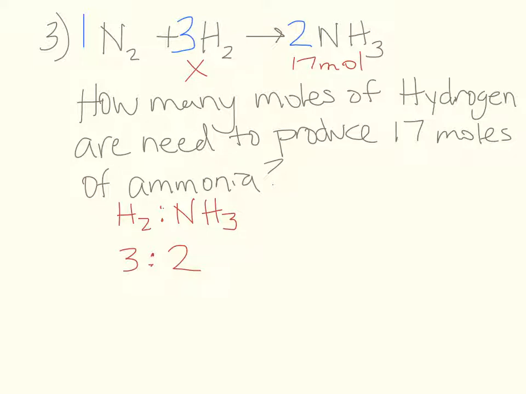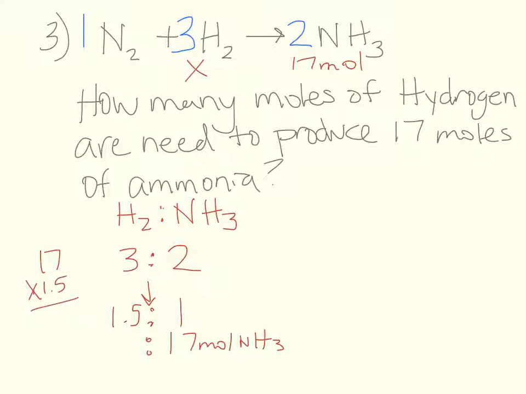So what you can do, okay, is realize that this is like a 1 to 1.5. So hydrogen is always going to be 1.5 times the amount of ammonia, right? So what we would do is if we're given 17 moles of ammonia, and hydrogen is always 1.5 times it, then we have to do 17, right, times 1.5.